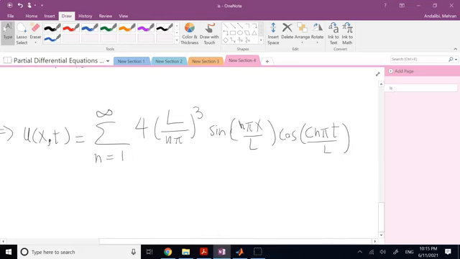So this will tell you the vibrations of your guitar string. Again, this is the x frequency, this is the time frequency, and this is the weight of the mode shapes, okay? This determines amplitudes of the acoustic wave.